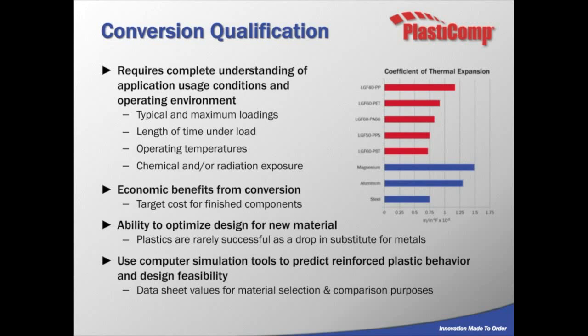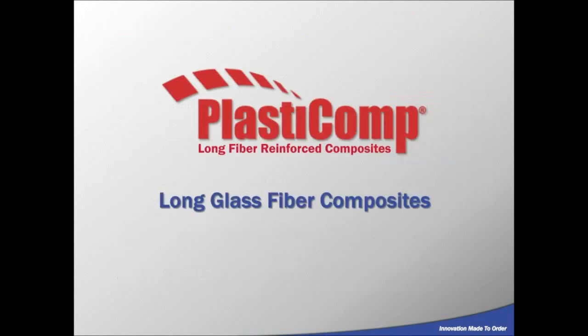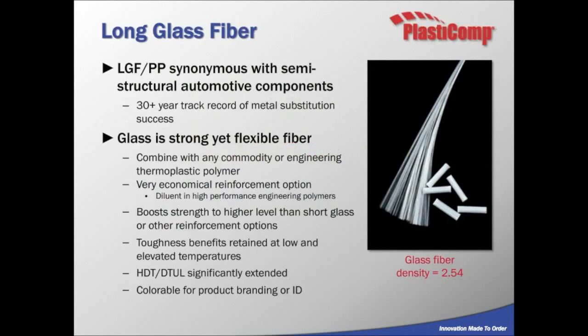So let's talk about a couple of specific materials, and we'll start off with long glass fiber composites. Long glass fiber has been used in polypropylene for a long time in semi-structural automotive components. It has a 30+ year track record for metal substitution. Glass is a strong but flexible fiber.